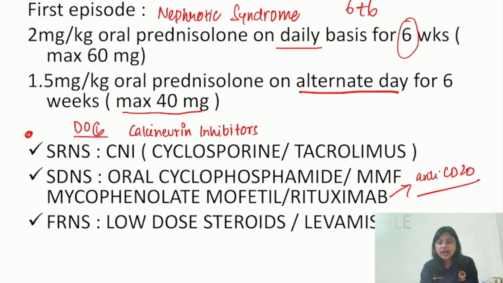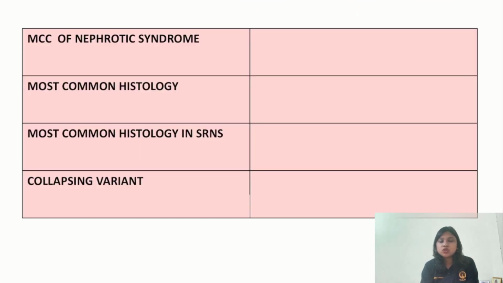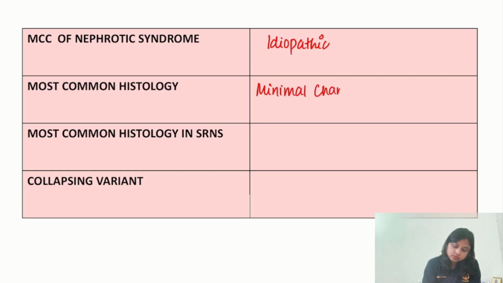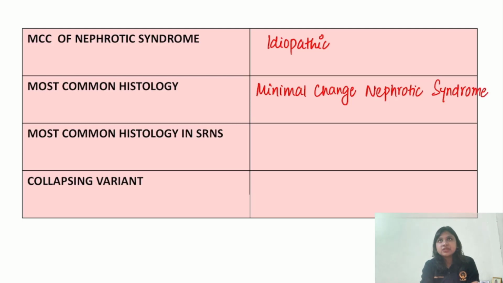Nephrotic syndrome is a very high yielding zone. Most common cause of nephrotic syndrome, we know it is idiopathic, right? It's a steroid sensitive nephrotic syndrome and it's idiopathic. So most common histology is minimal change nephrotic syndrome. In minimal change nephrotic syndrome, remember, in light microscopy and immunofluorescence, we get no deposits.